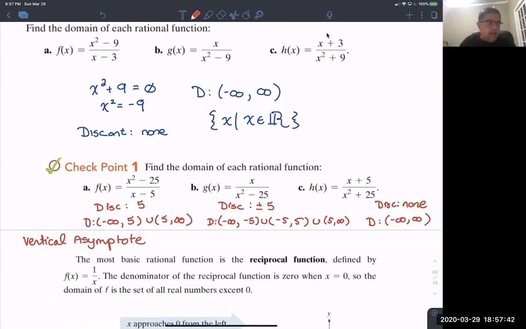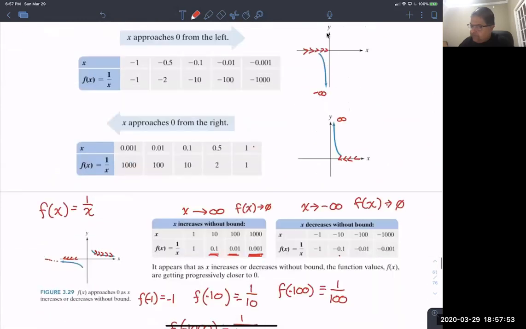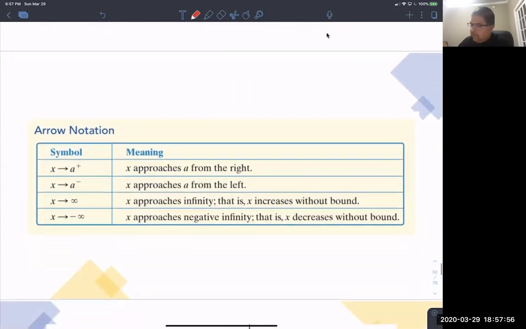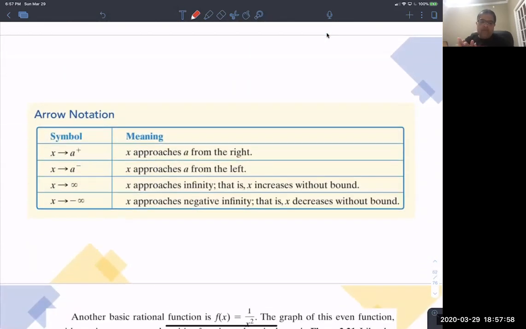Right. Now, we're going to talk about types of discontinuities. Okay, types of discontinuities next. But before we do that, let's talk about notation. I've been using this, but I've not really explained it. If you see a plus above a number like an exponent, that plus means x approaching a number from the right.